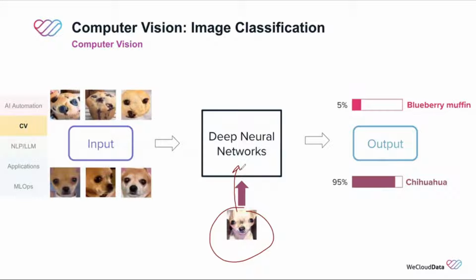And it's able to turn this into features, and then it will be able to run the classification model and generate the prediction, which is a probability. Now, in this case, the probability of this image being Chihuahua is 95%, and that's why it will classify this image, or label this image, as a dog image instead of a blueberry muffin image, right?